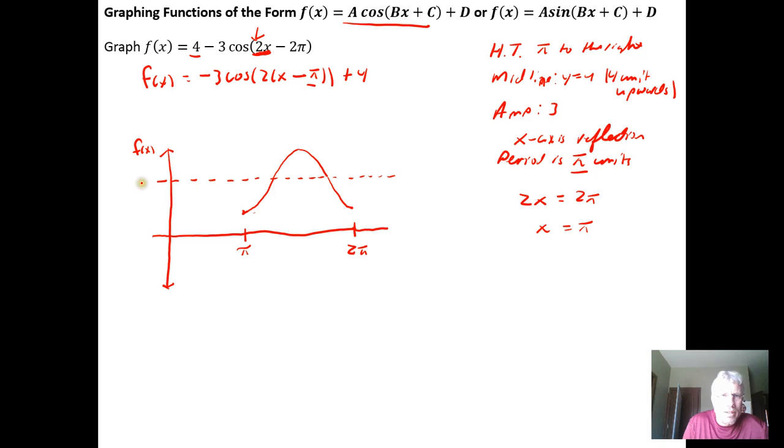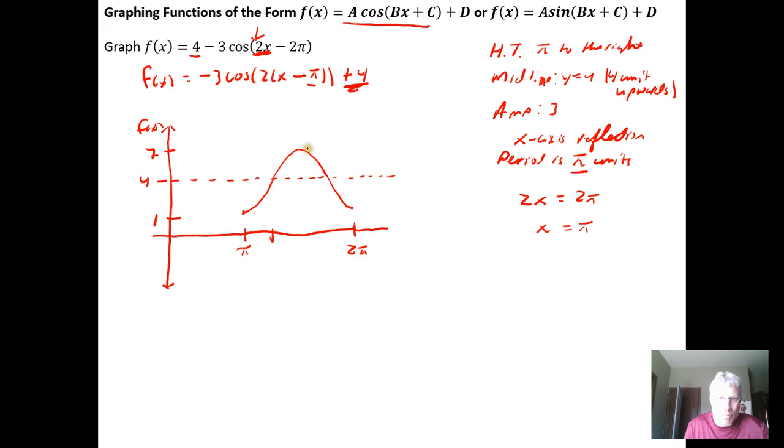So my midline is at 4. Everything's shifted up 4. My high point should be at 3. So the high point is 3 above the 4. Sorry, the amplitude's 3. Here's f of x. 4 plus 3 is 7. 4 minus 3 is, the low point should be at 1.